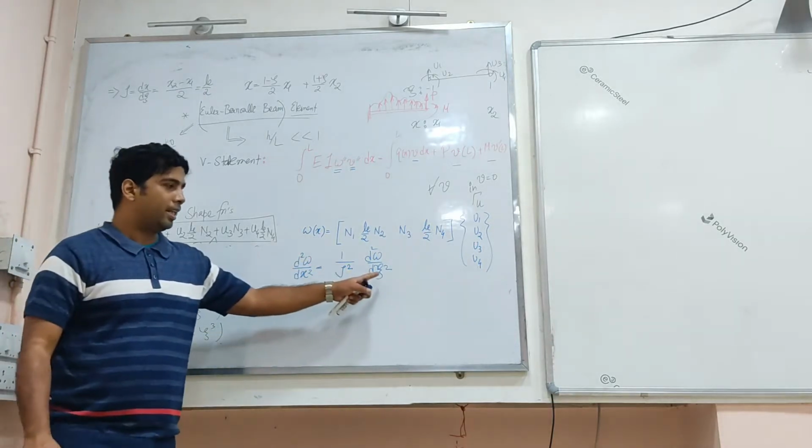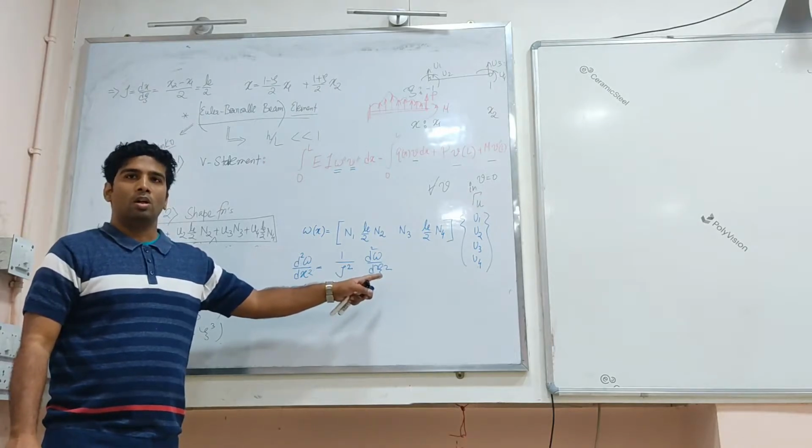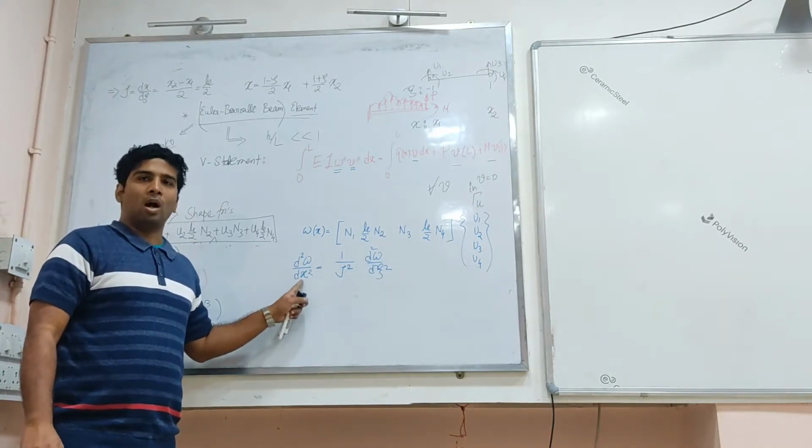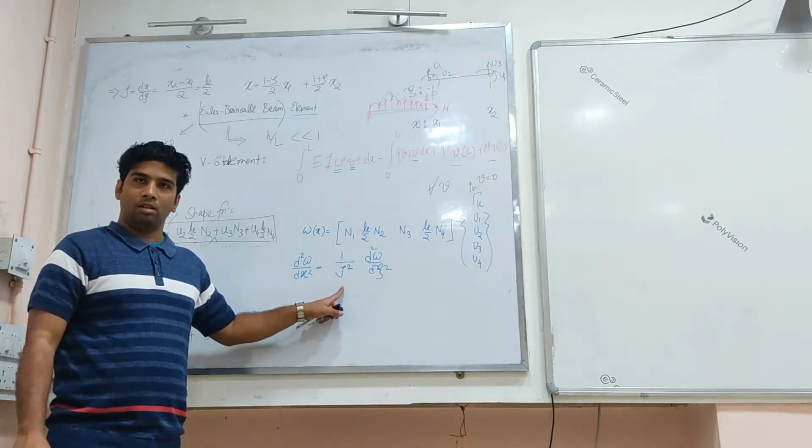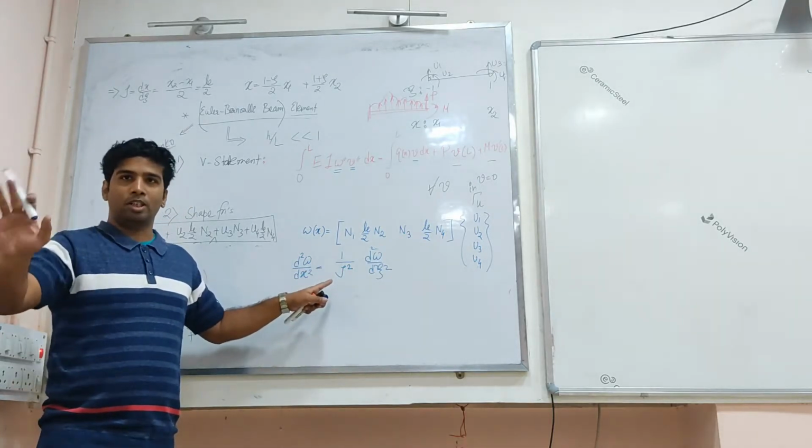See, I am simply taking the derivative with respect to X. Once I take the derivative with respect to X, I need to multiply by 1 by J. J is a constant, so J is not changing.